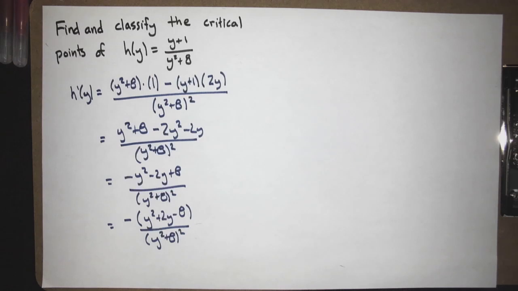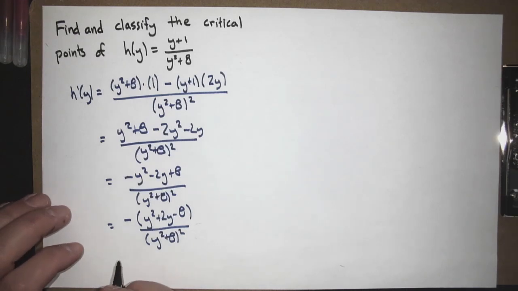Well, I don't know if we can do a lot with the bottom. Does anything happen with this part, y squared plus 2y minus 8? Can that be rewritten? Could it be factored? Did they give us something nice enough? Were they really nice this time? And if it does factor, how does it factor?